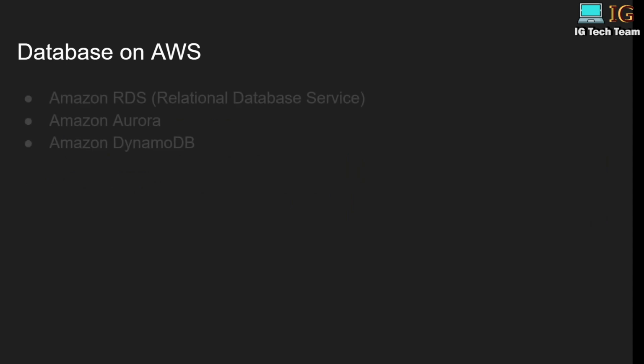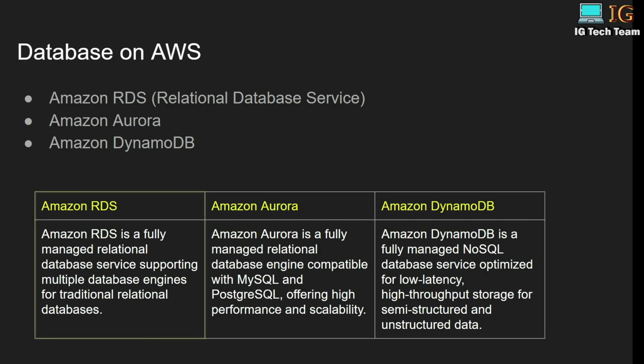Moving on, databases on AWS. We have Amazon RDS, Relational Database Service, Amazon Aurora and Amazon DynamoDB. Amazon RDS is a fully managed relational database service supporting multiple database engines for traditional relational databases, and it supports several popular database engines like MySQL, PostgreSQL, MariaDB, Oracle, Microsoft SQL Server and so on.